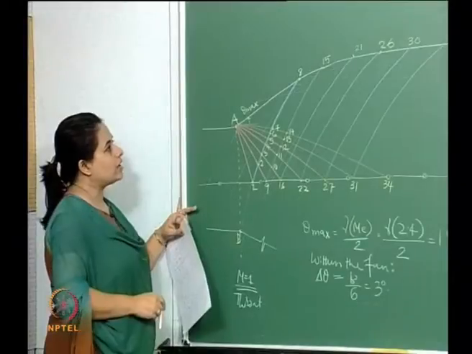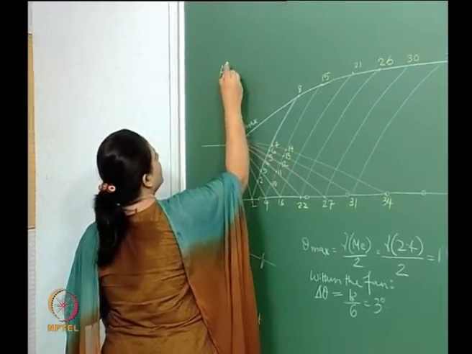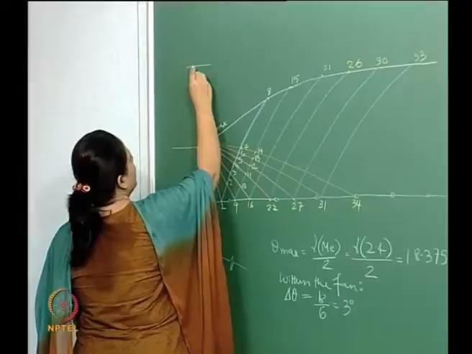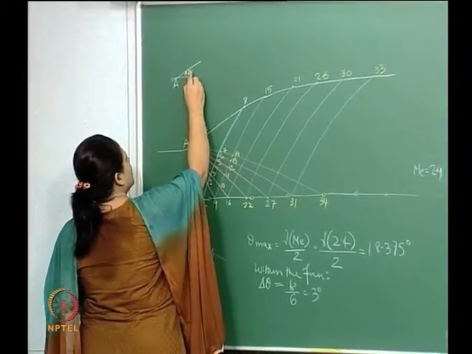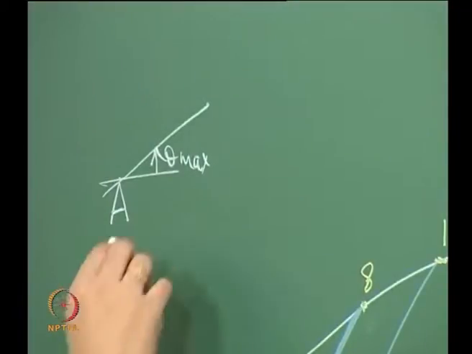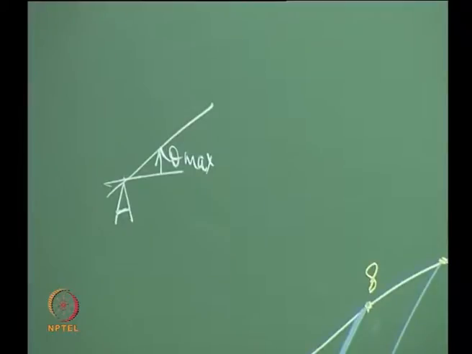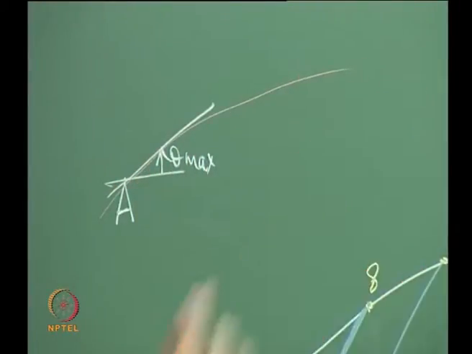Essentially, say we have a point A over here, and if I draw a tangent to the curve at A, it makes theta max. I'm going to draw a curve through this point A; that is my job out here.